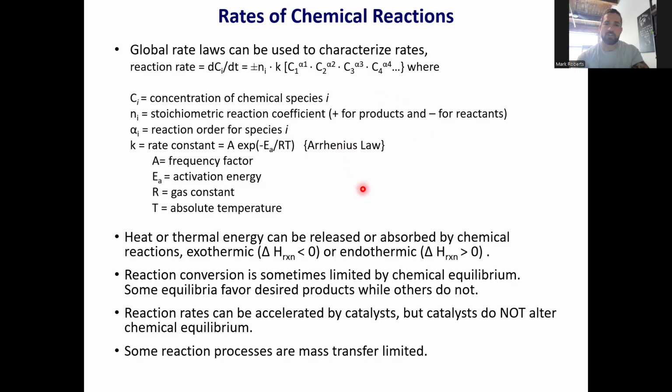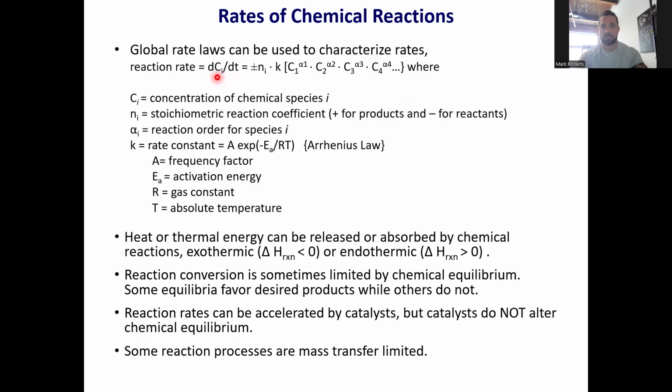So in general, when we're looking at reaction rates, and again, this isn't necessarily going to show up a lot, but just a quick review of your kinetics background. Typically we can express reaction rates as a rate of change, so the rate of change of concentration with respect to time.